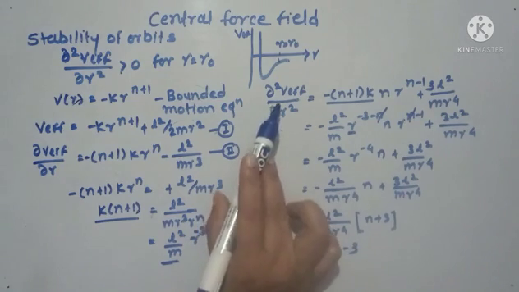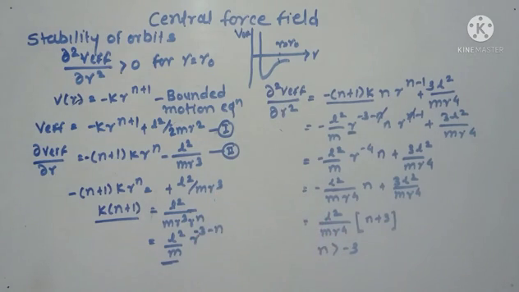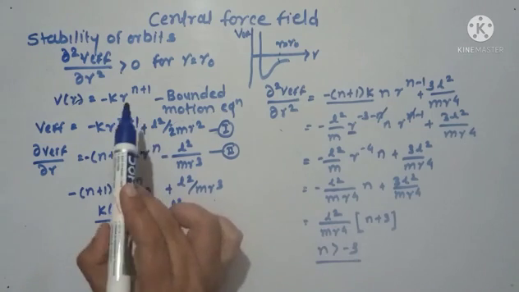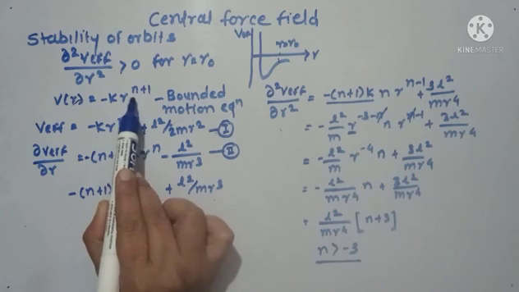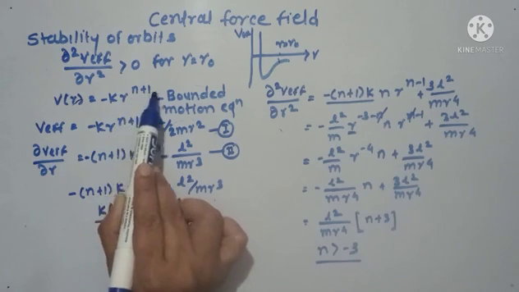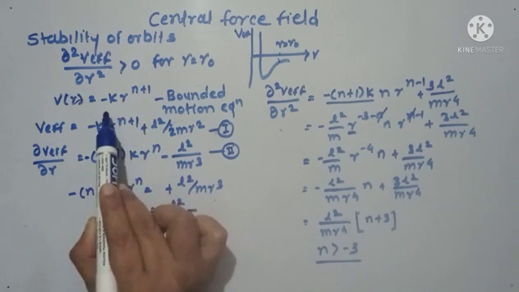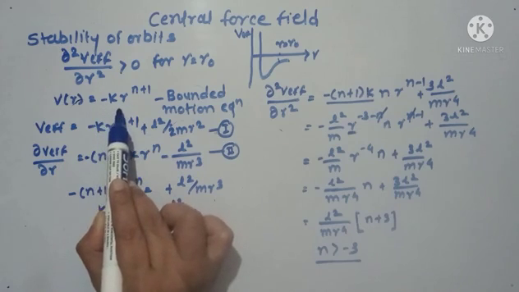Suppose we want d square V upon dr square not equal to 0, then n must be greater than minus 3. What is the meaning of this? If I take the minimum value as minus 3, it becomes r raised to minus 3 plus 1, that is r raised to minus 2, and if it goes to the denominator it becomes r square.